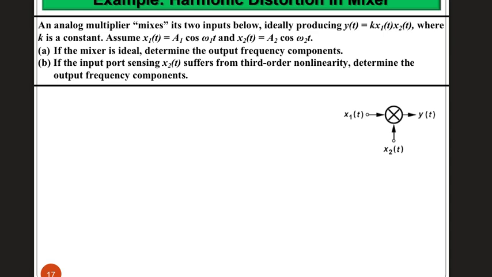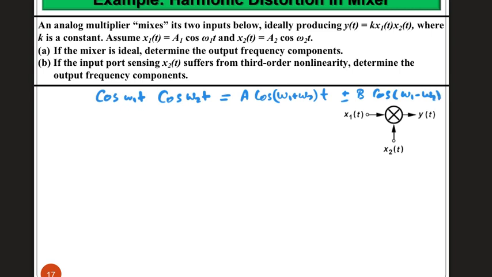I need to remind you with some trigonometry. Remember that cosine omega 1t multiplied by cosine omega 2t can be represented as some factor times cosine of omega 1 plus omega 2, plus some other factor multiplied by cosine of omega 1 minus omega 2 t. That's one thing.